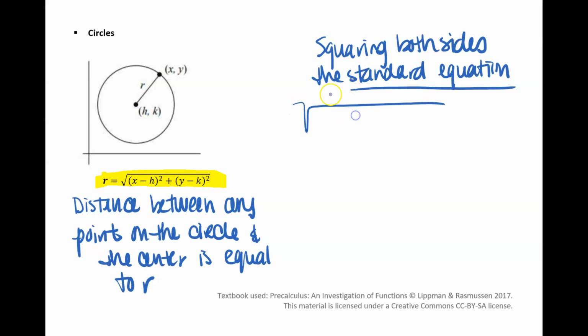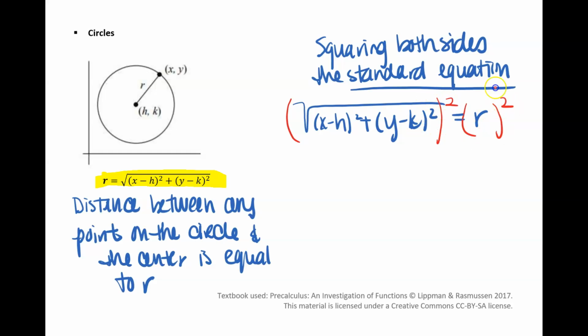If I take the square root of (x minus h) squared plus (y minus k) squared is equal to r, and if I take that and I square both sides, well, the squared would cancel with the root. So this would leave me with (x minus h) squared plus (y minus k) squared equal to r squared.